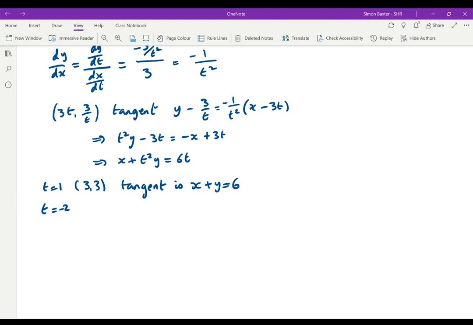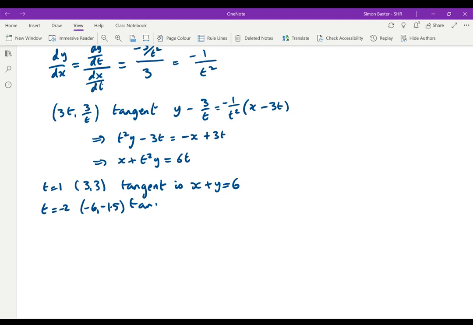t is minus 2. When t is minus 2, we get 3 times minus 2 is minus 6, 3 over minus 2 is minus 1.5. So we have the point minus 6, minus 1.5.